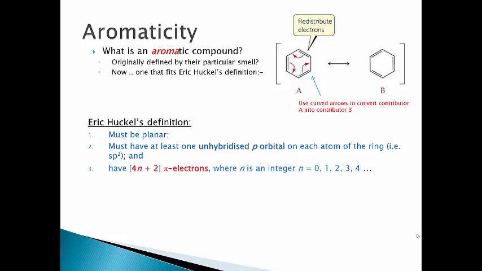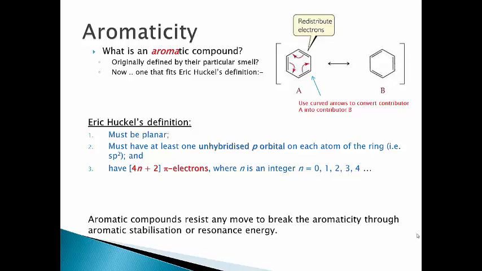And we must have 4n plus 2 pi electrons. n needs to be an integer, so 0, 1, 2, 3, or 4. So if n was 1, we would have 4 plus 2, which would be 6 pi electrons. So 6 pi electrons, a planar molecule, and sp2 would be a beautiful aromatic compound.